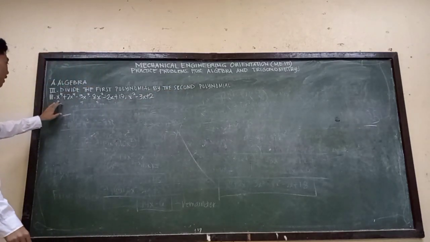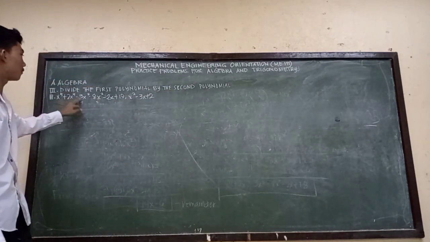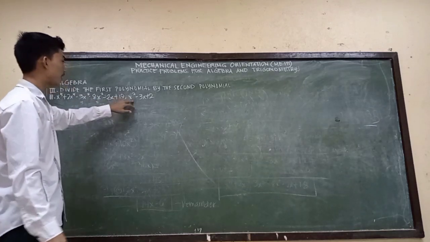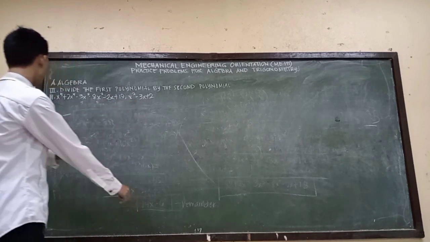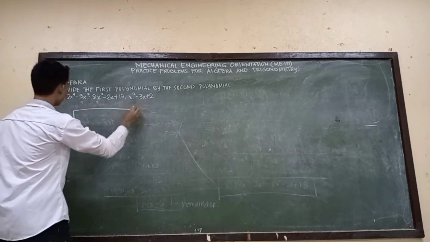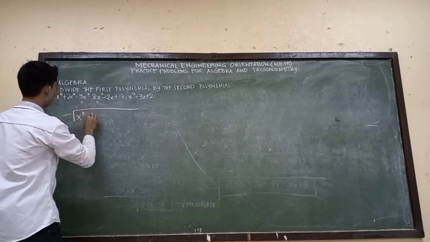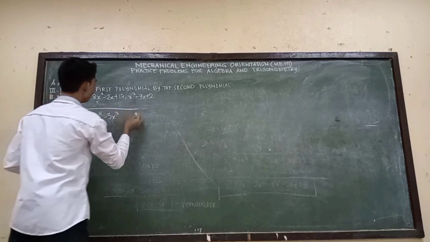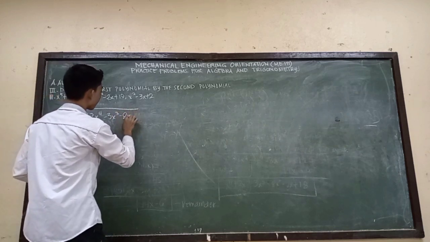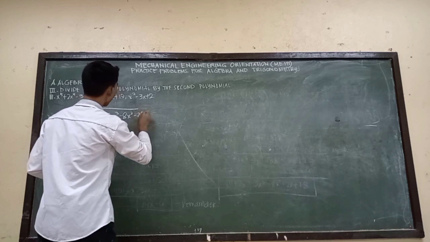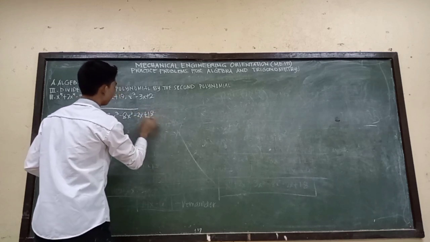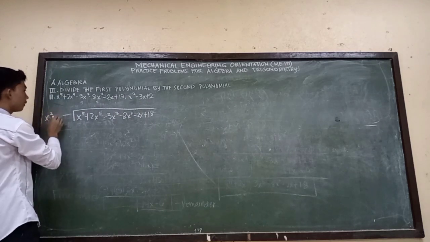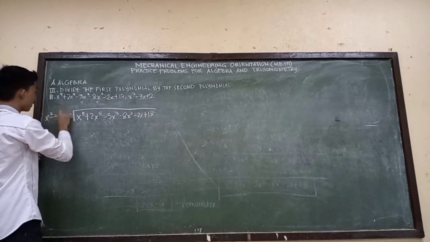So our first polynomial is x to the fifth plus 2x to the fourth minus 3x cubed minus 8x squared minus 2x plus 18 will be divided by x squared minus 3x plus 2.